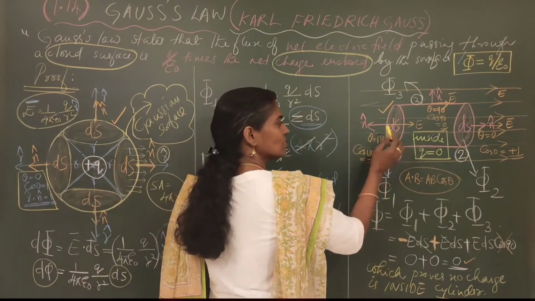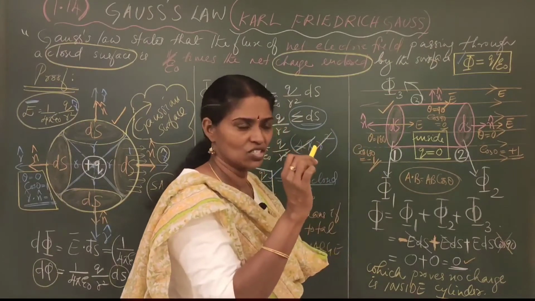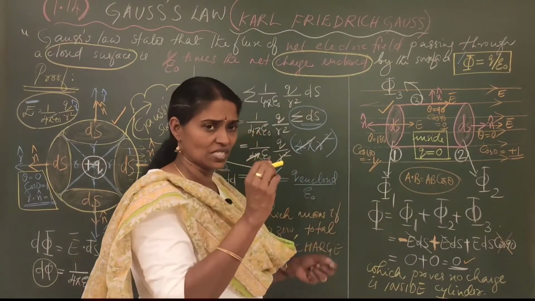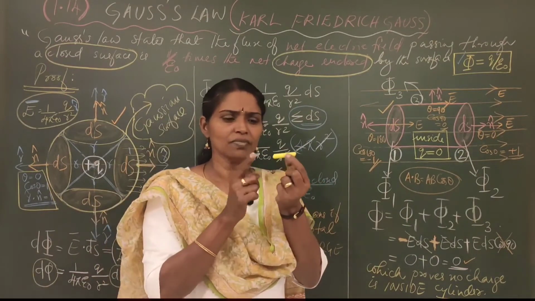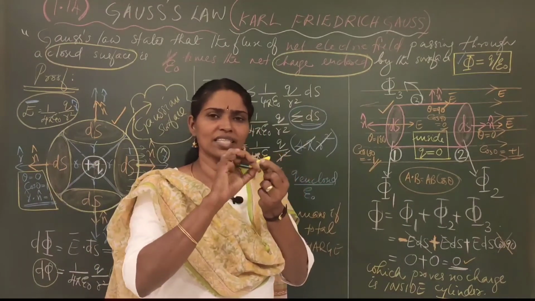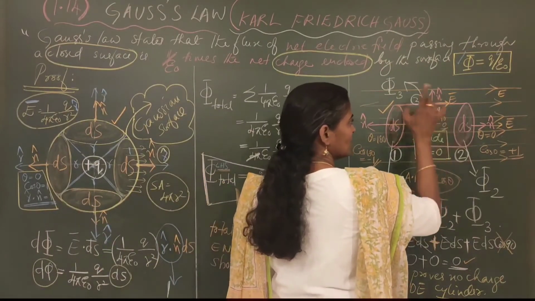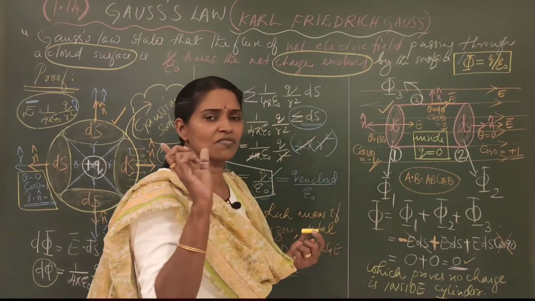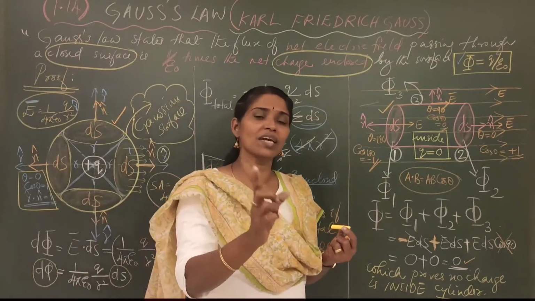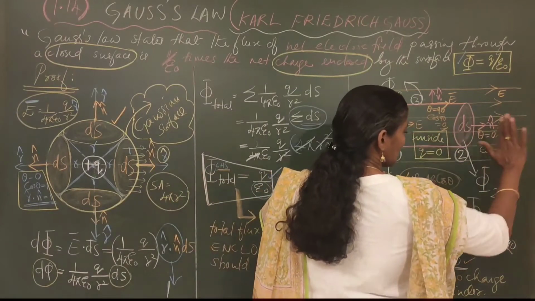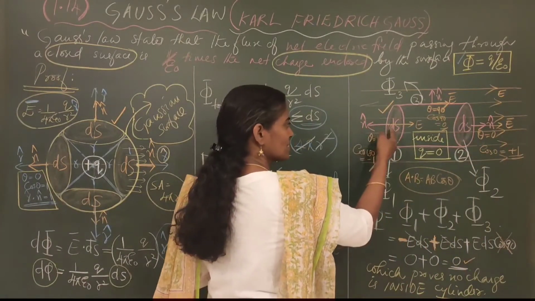Come back. So this is a surface which is cylindrical in shape and it has three surfaces. Suppose this is a cylinder, one side, other side, the curved surface, right? So this is one side, this is the other side, curved surface. On all the three surfaces, you draw the electric field and ds. Electric field is obviously to the right, I have told you. What about ds?